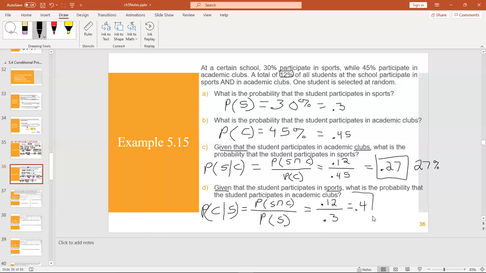If you're going to make that a decimal, please recall the fact that this is equivalent to 0.40. So as a percentage, please recall this is 40% and not 4%. 4% is 0.04 for those keeping track.